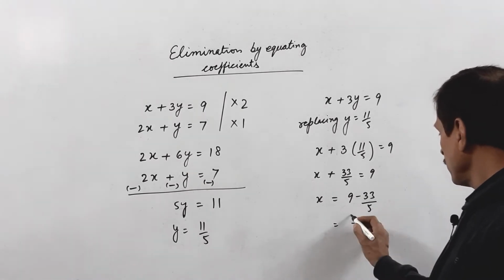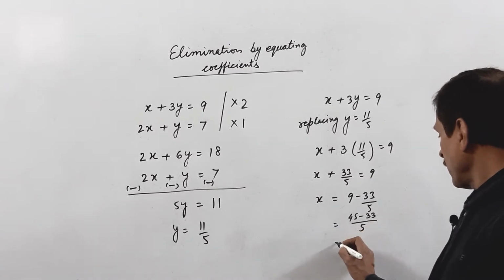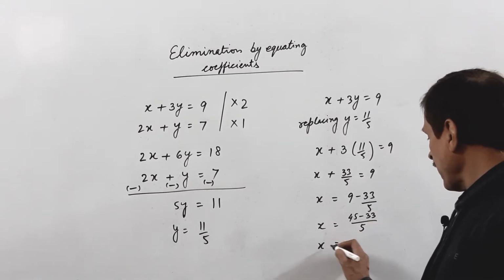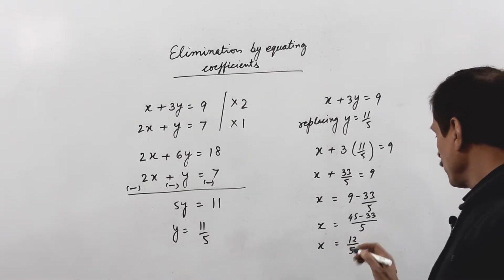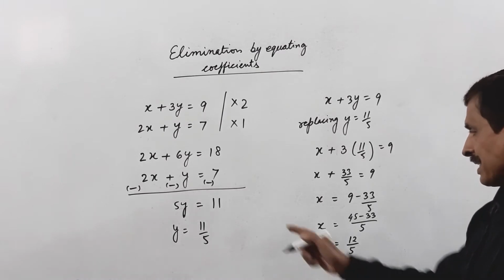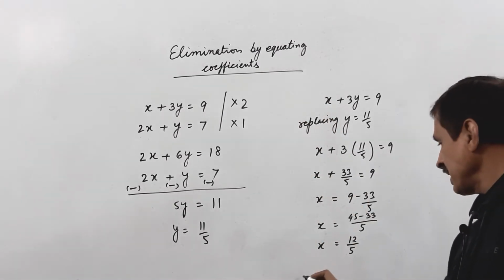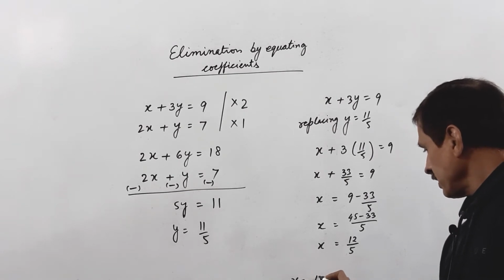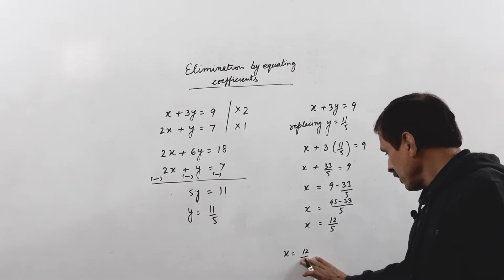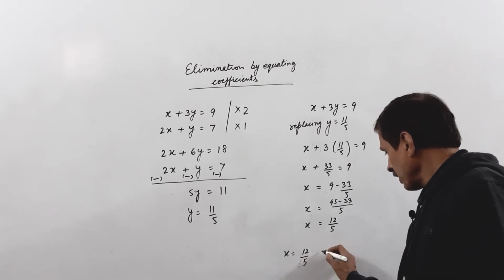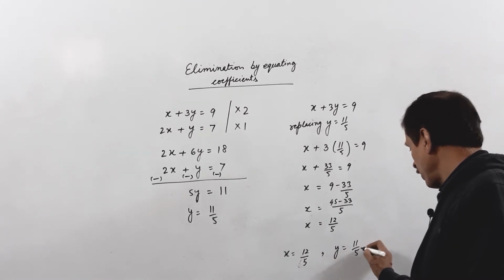LCM is 5, so it is 45 minus 33, or x is equal to 12 upon 5. Thus, the solution for the system of equations is x is 12 upon 5 and y is equal to 11 upon 5.